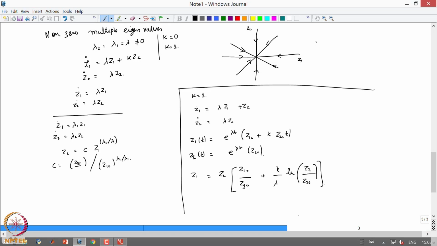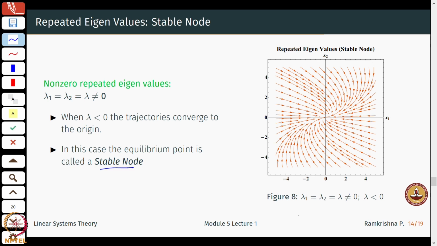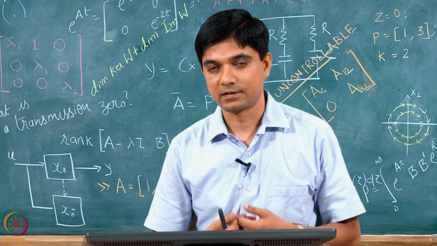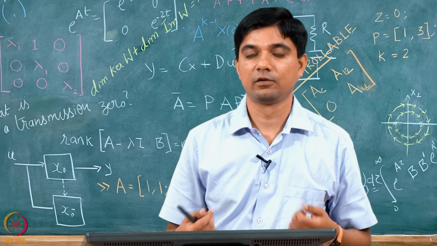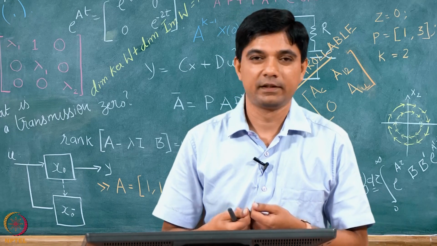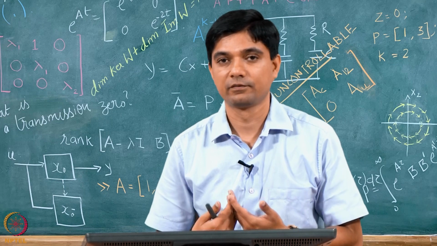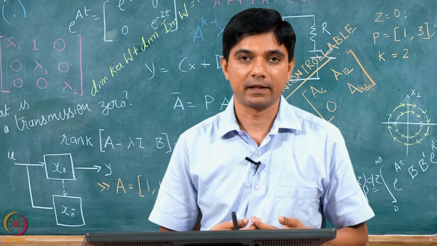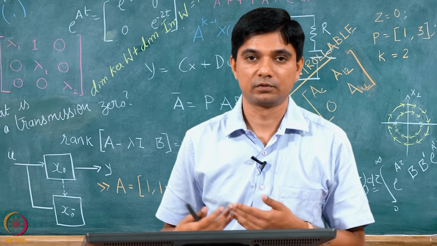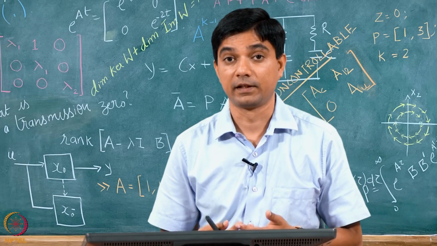I will not plot this, but we will check what this means in the x1 x2 case. It turns out, not surprisingly, that you are talking of a stable system because the eigenvalues are less than 0. We are talking of eigenvalues being equal to each other, so some critically damped situation where we would naturally expect the trajectories to come back to the origin starting from a neighborhood of the origin.